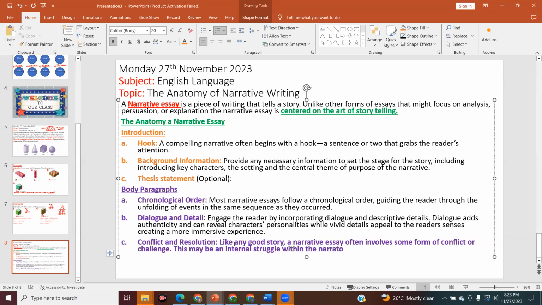Who's the narrator? The person in the story, the person who is telling the story. This may be an internal struggle within the narrator, or an external obstacle. External basically means outside. An external obstacle that must be overcome.